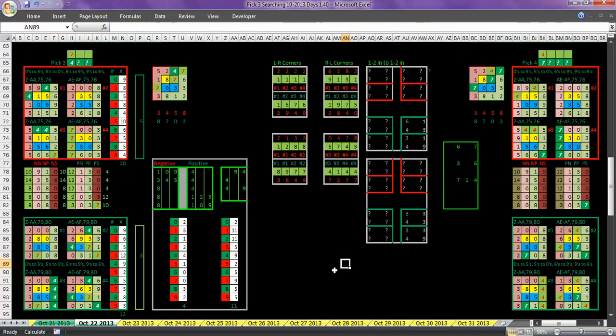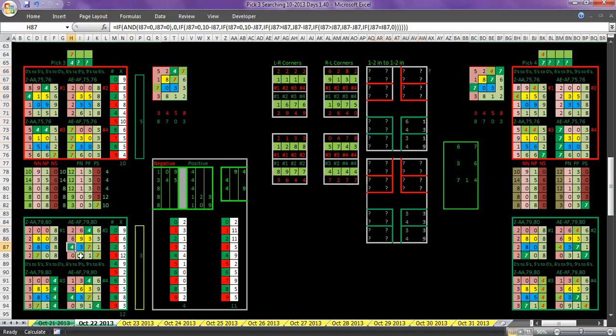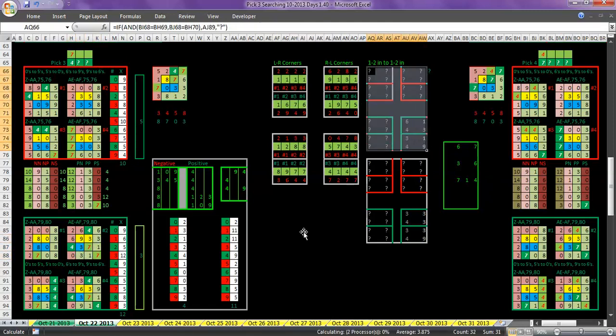Slowly but surely, you can see that right away we've got the 4s highlighted here in the pattern. If the pattern shows up like I showed before with the 4 and the 6 mirrored to the 6 and the 4, the 3 and the 1 mirrored to the 1 and the 3, it's going to show up in this section right here.